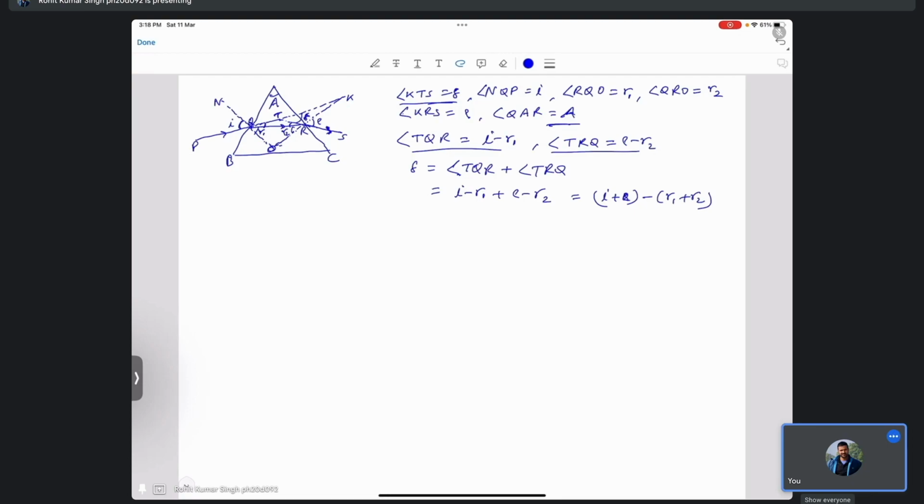Now in triangle QRO, we have R1 plus R2 plus angle ROQ equal to 180 degrees, right? All the angles of a triangle.